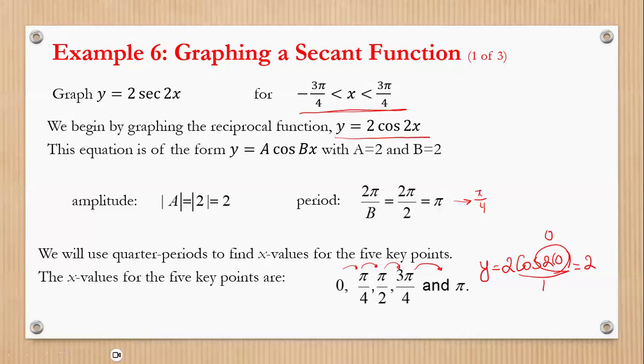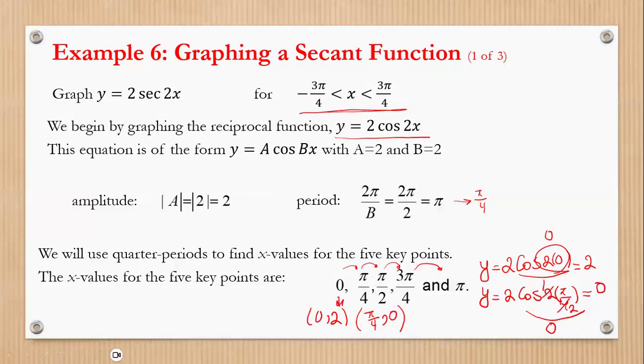So my first point is (0, 2). I can replace x with pi over 4 in the function, so I get 2 times pi over 4. If I simplify 2 over 4, I get pi over 2. And the cosine of pi over 2 is 0, and 0 times 2 is just 0. So the next point is pi over 4 as the x and 0 as the y.